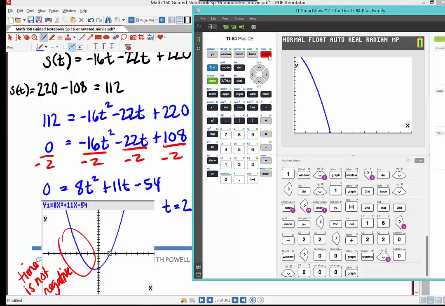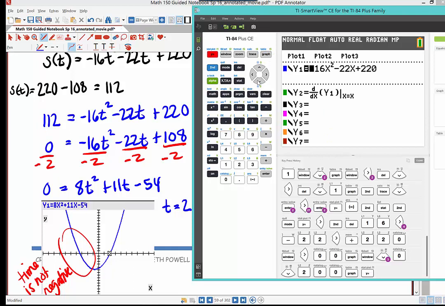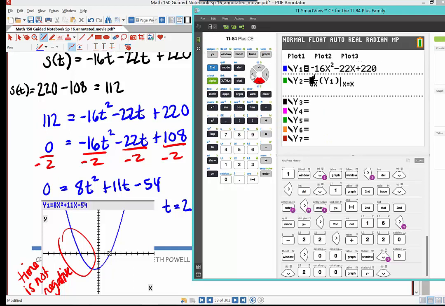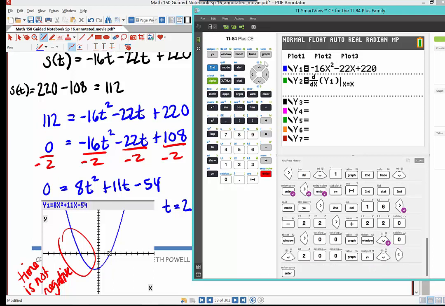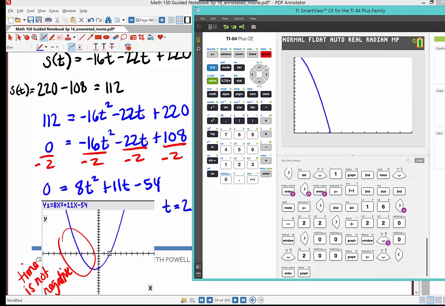And last but not least, we're going to go to our y equals, and we're going to turn on our derivative graph. I forgot to turn it on. And finally, we have this one, but our derivative graph is not showing.